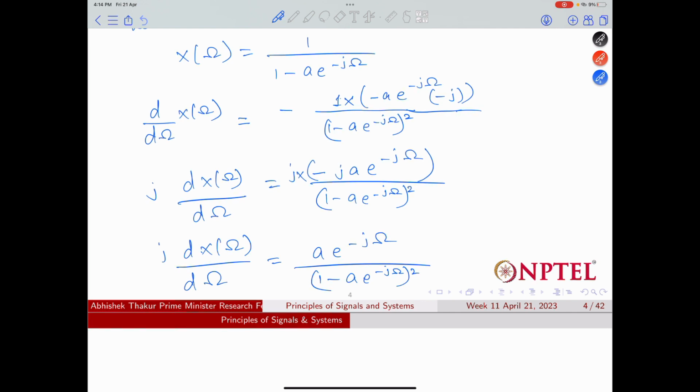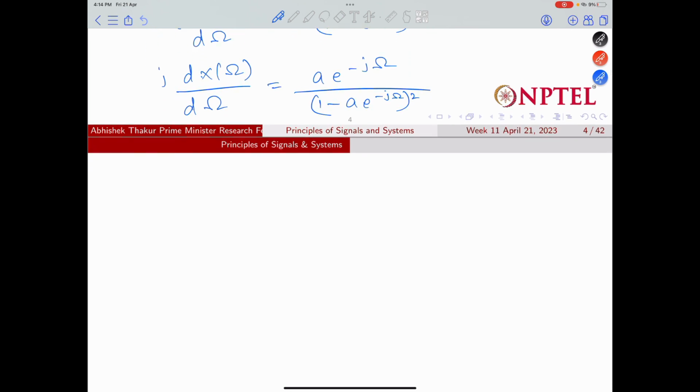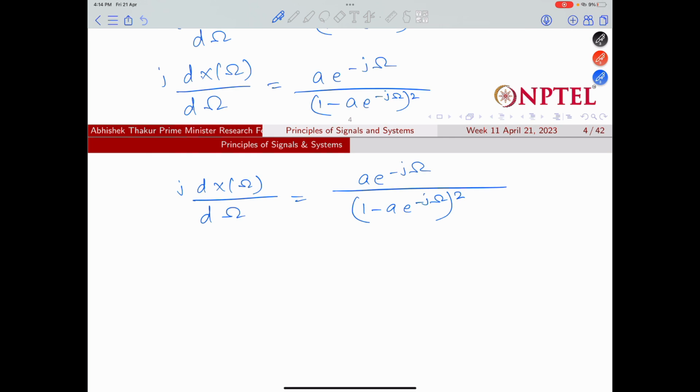Okay, so after all this, we can write it in the simple way. This is equal to a e to the power of minus j omega divided by (1 minus a e to the power of minus j omega) whole square.